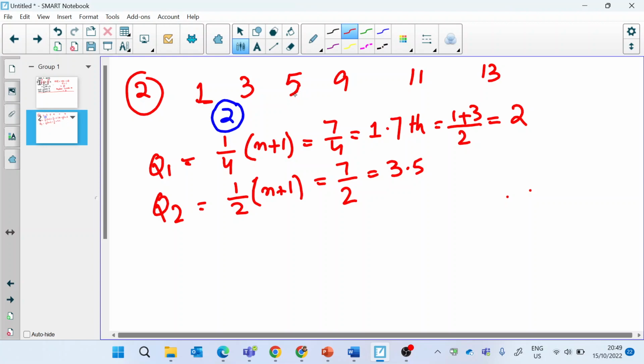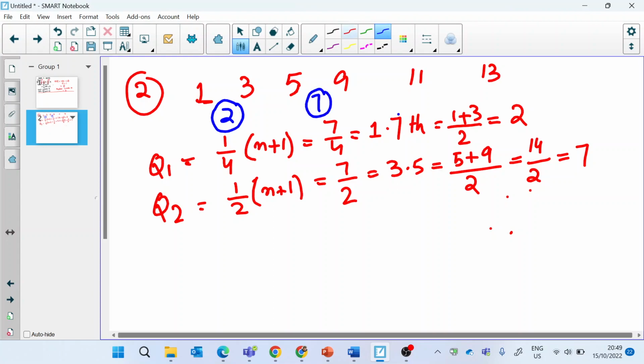The third value is 5 and the fourth value is 9. So we take the mean of 5 and 9 because Q2 falls between 5 and 9. 5 plus 9 over 2 is 14 over 2, which is 7. So 7 is our Q2.